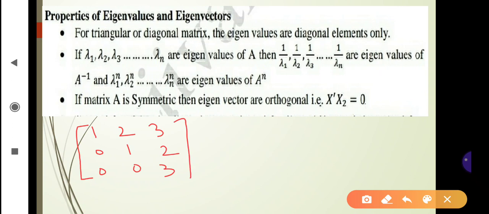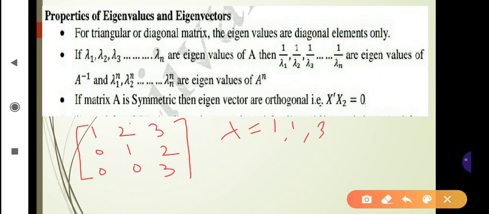This is an upper triangular matrix, so there is no need to calculate the characteristic equation and the values of lambda. We can directly write the eigenvalues, because the diagonal elements are nothing but the values of lambda. So you will get the values of lambda as 1, 1 and 3.